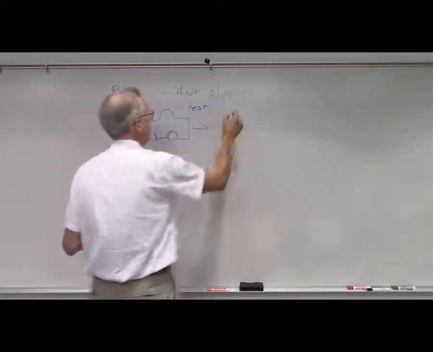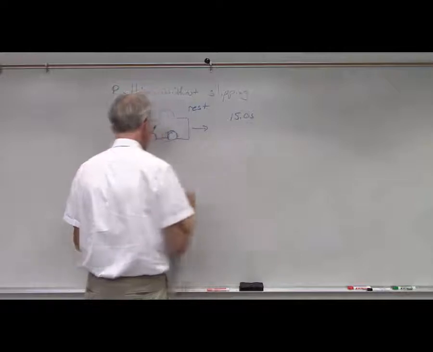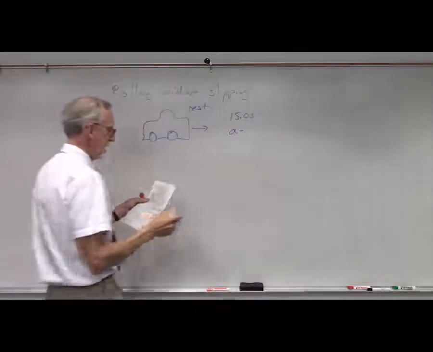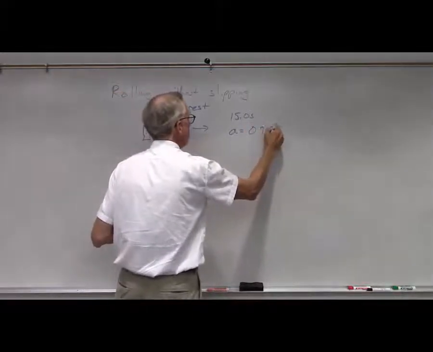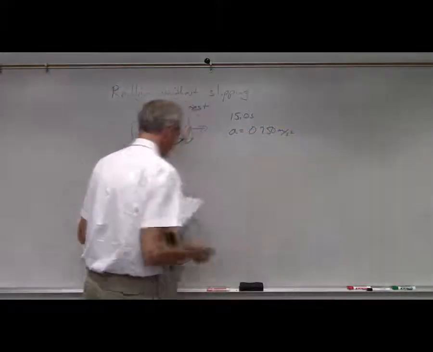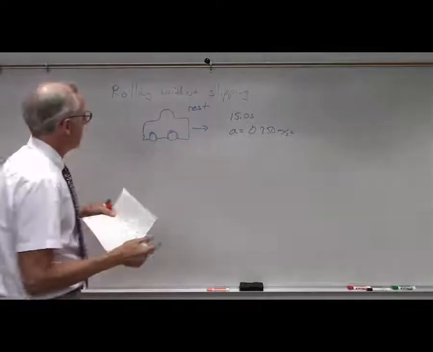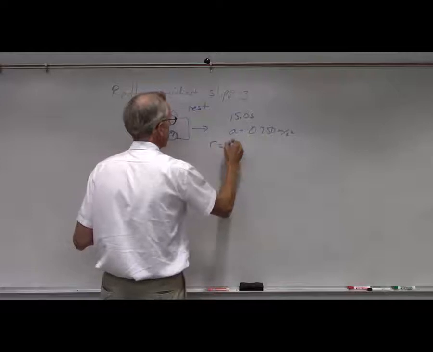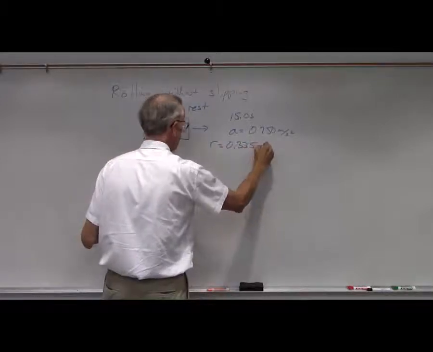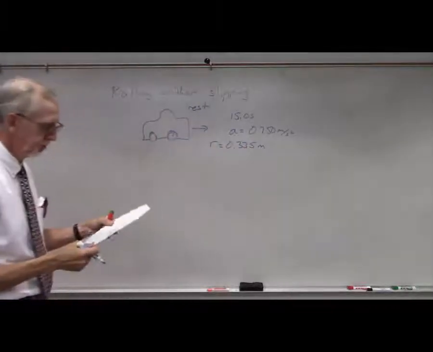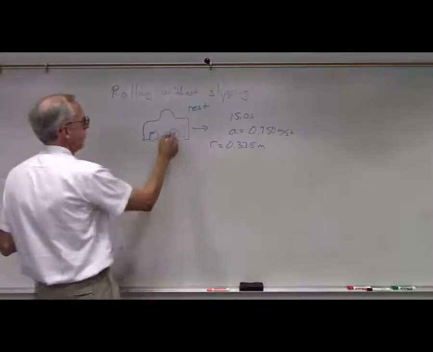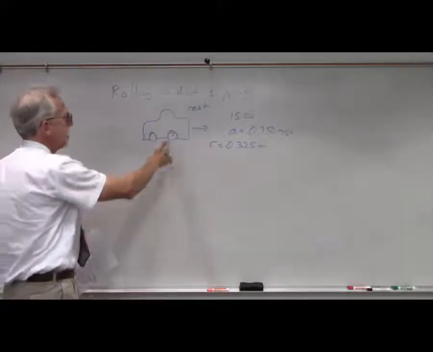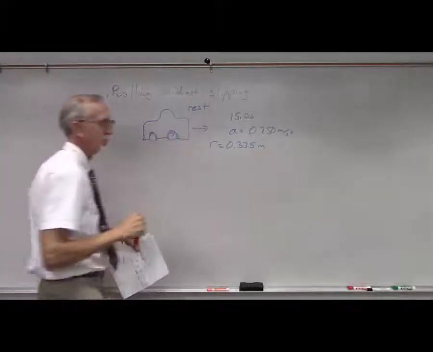And over 15 seconds, it accelerates with a linear acceleration of 0.750 meters per second squared. The radius of a tire is 0.335 meters. The question is, how many radians, to what angle does one tire rotate during this time?